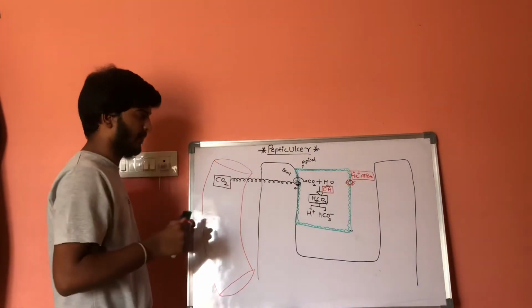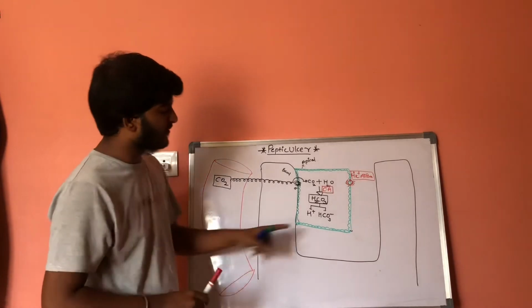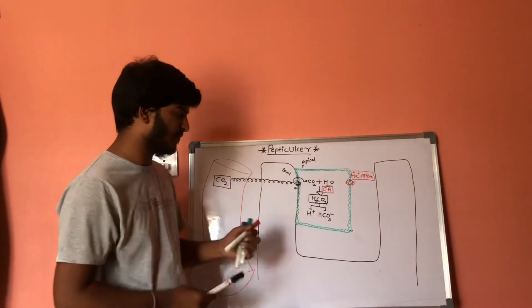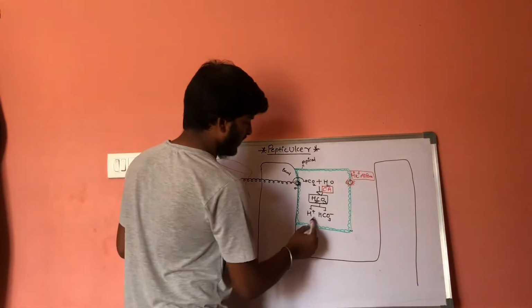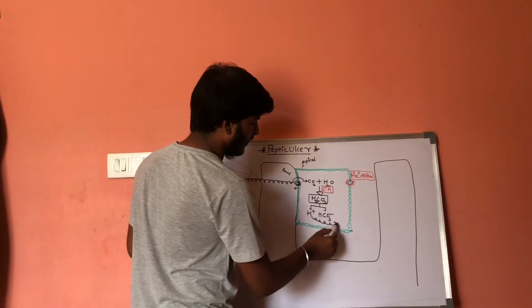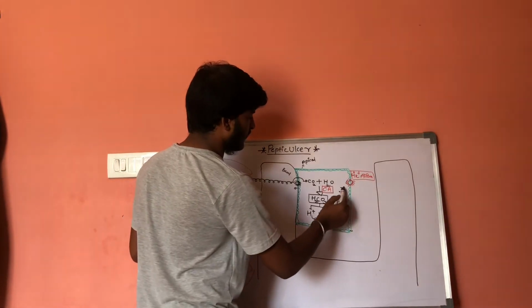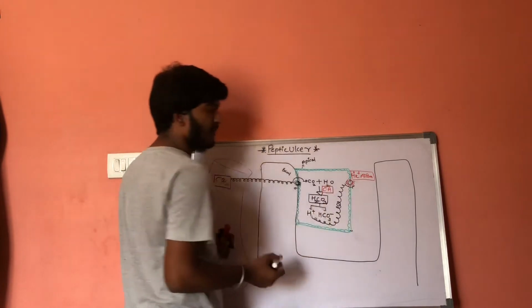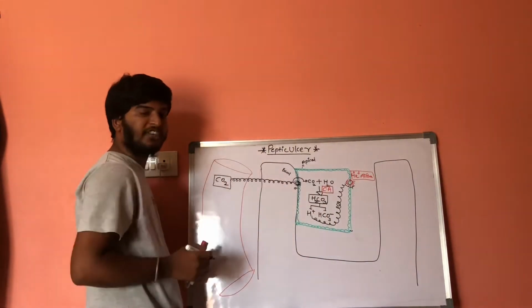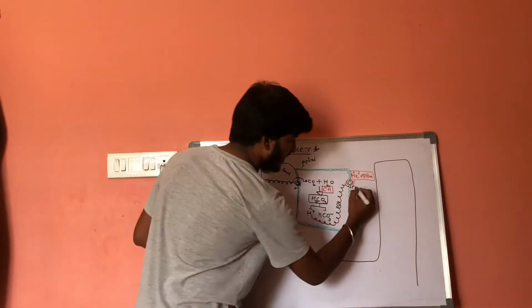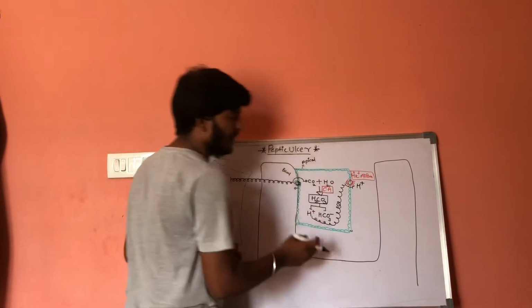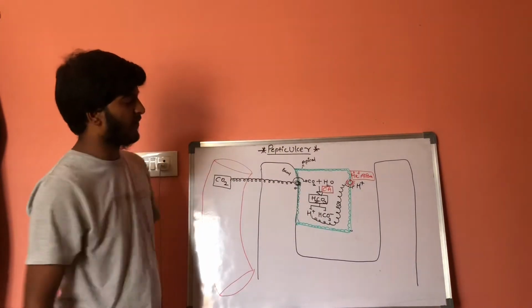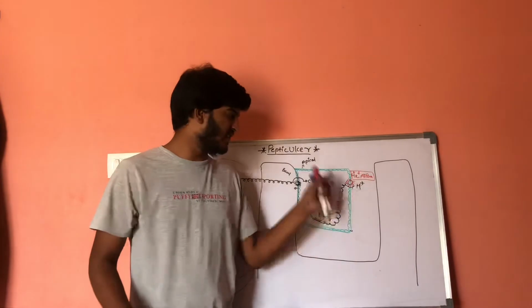Whatever H plus ions are present, from these proton potassium ATPases, these H plus ions will enter into the lumen. So these H plus ions will be situated inside the lumen.